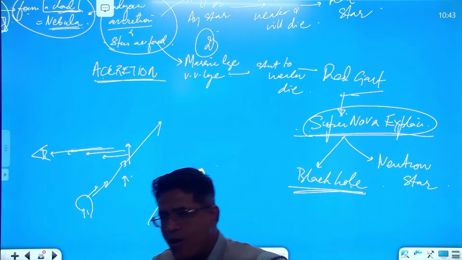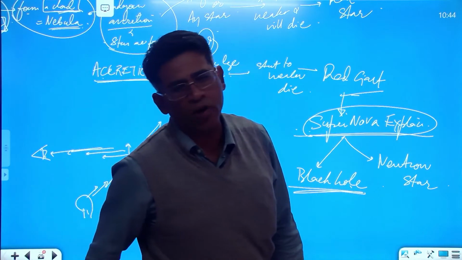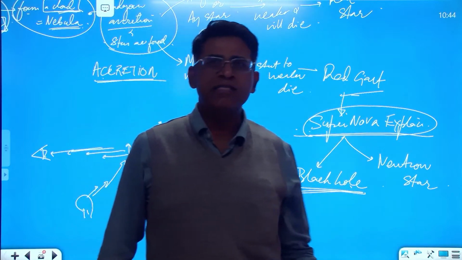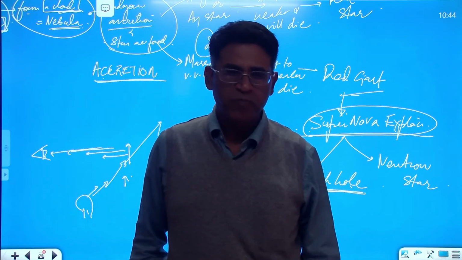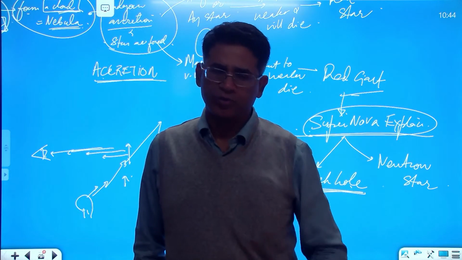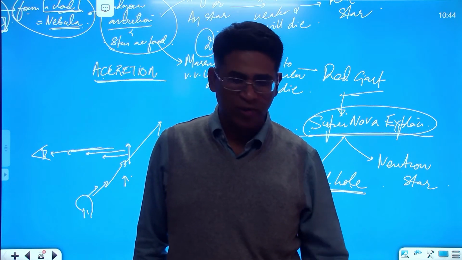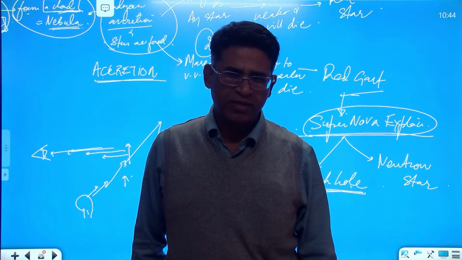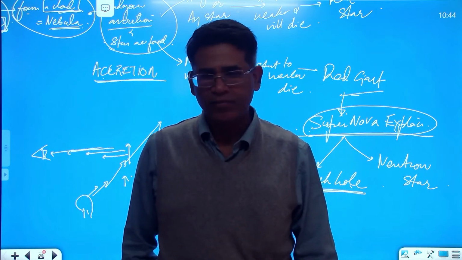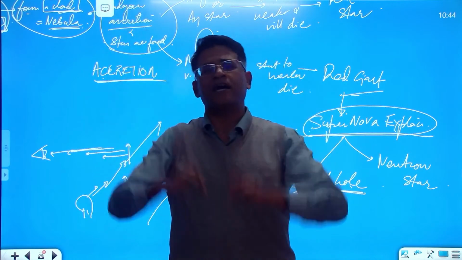All celestial bodies, celestial meaning outer space, ultimately collapse into some black hole. So there is a black hole, and ultimately it will eat up everything.